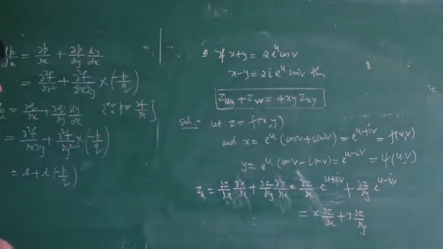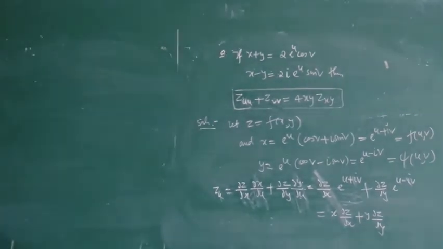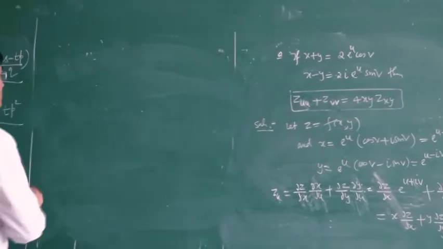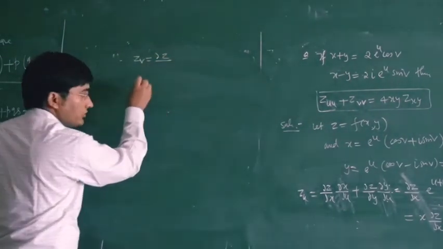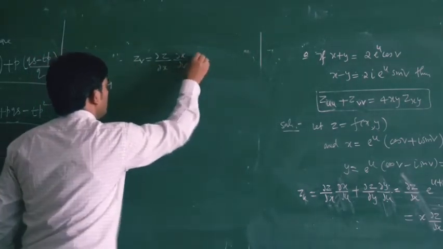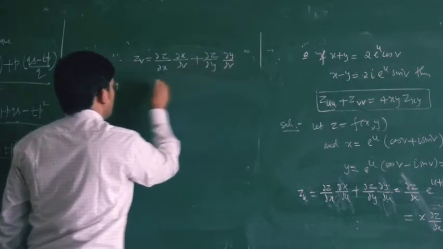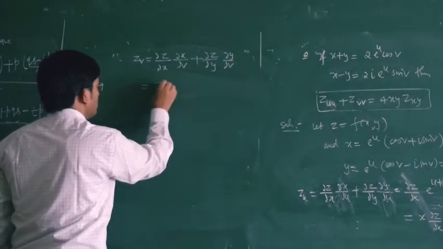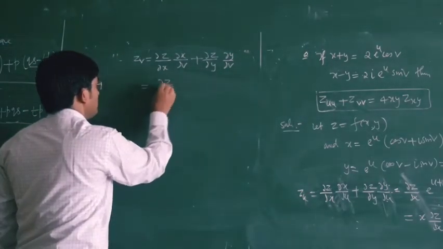Let us compute z_v. Now z_v is del z upon del x, then del x upon del v, plus del z upon del y into del y upon del v. So this is your z_x, or we can write it as del z upon del x.